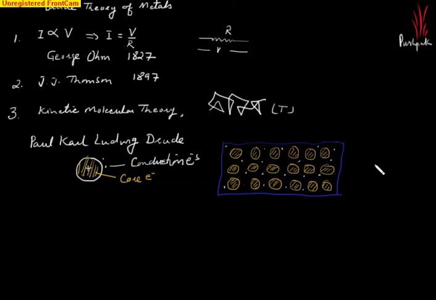Here, these free electrons are assumed to be moving in all possible directions in straight line.